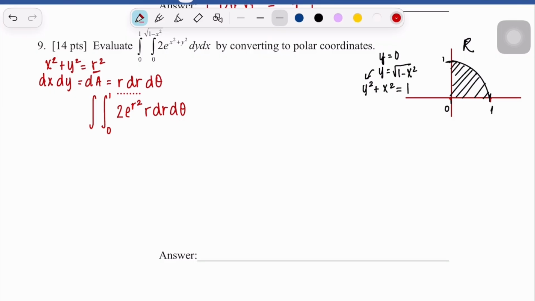So theta ranges from 0 to, this is 0, and this is pi by 2 in the unit circle, right? And it's counterclockwise, so it's going to be positive. So 0 to pi over 2. These are the bounds. Okay, so we take the first integral first.